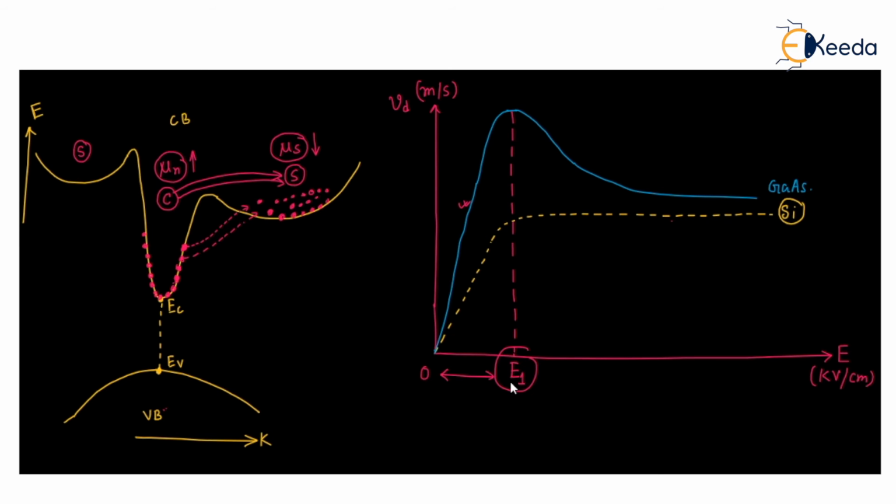If the mobility decreases, then the drift velocity also decreases. That's why we are getting this plot.